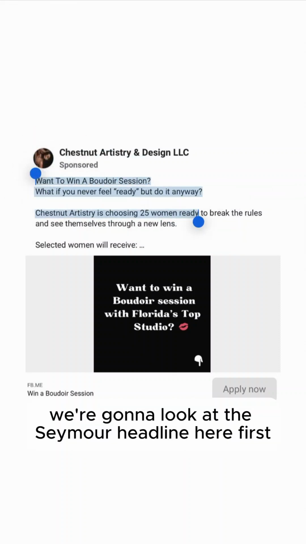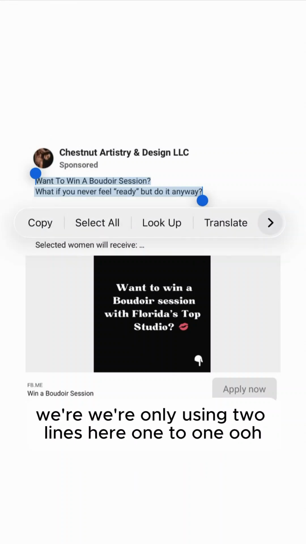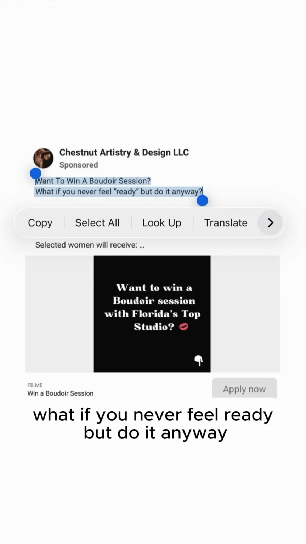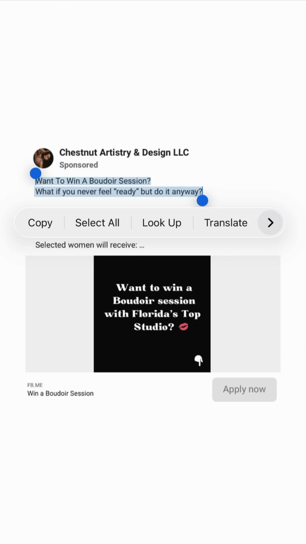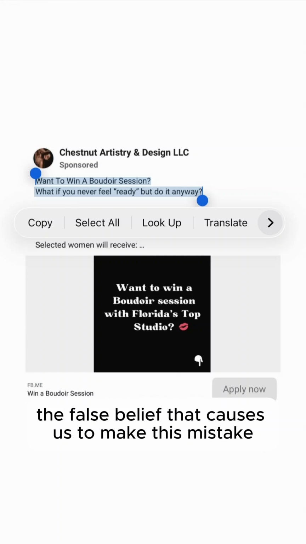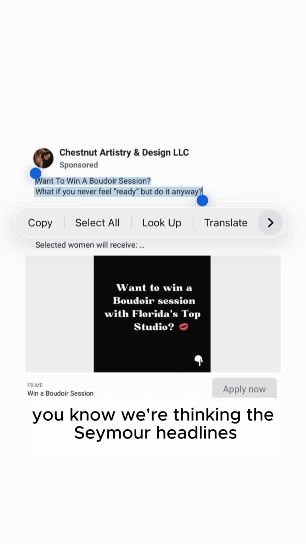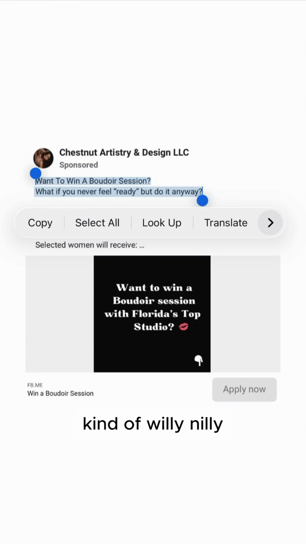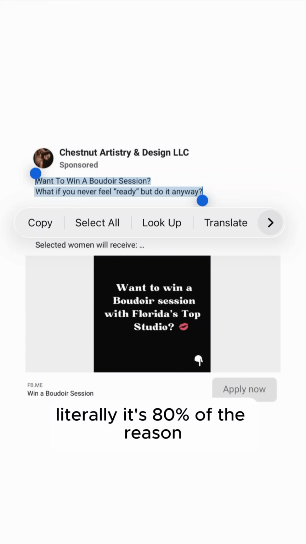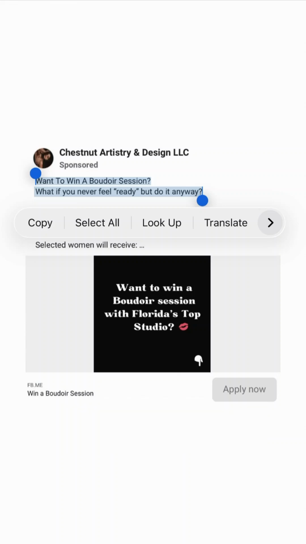Finally, we're going to look at the See More headline here. First 2 3/4 lines, Facebook mobile newsfeed. We're only using 2 lines here. 120 Boudoir session. What if you never feel ready, but do it anyway? All right, so this is a lack of context mistake. The false belief that caused us to make this mistake is that we're thinking the See More headline's kind of willy-nilly, when in fact, it's literally 80% of the reason why people will click or not click somewhere on our ad. So this is actually the most important part.